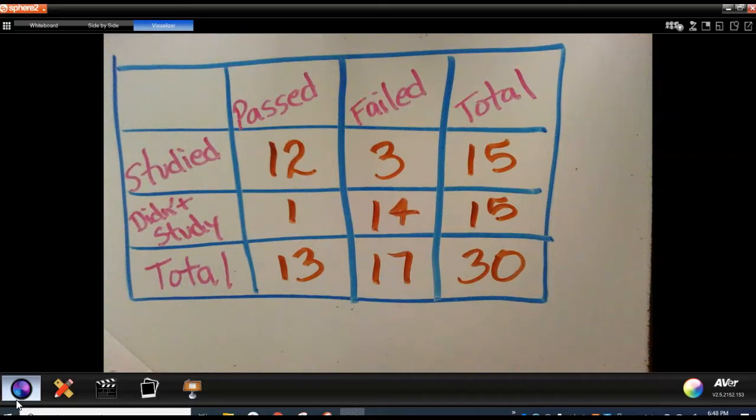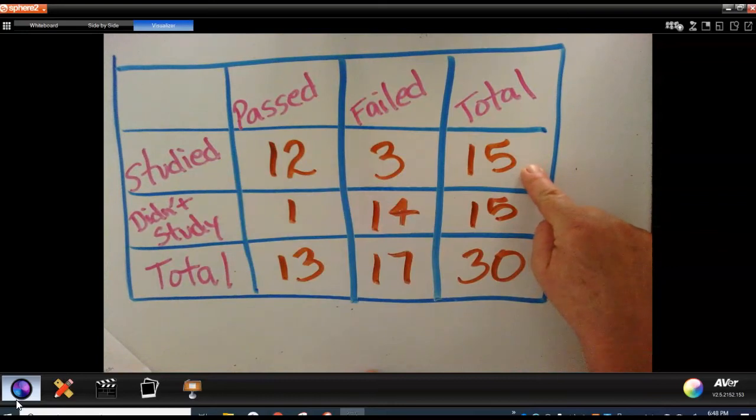So let's answer some questions, and I can show you a little bit about how this works, and then we will recreate a brand new one in the notes part 2. So you can see here they're asking you the first question, how many students studied?